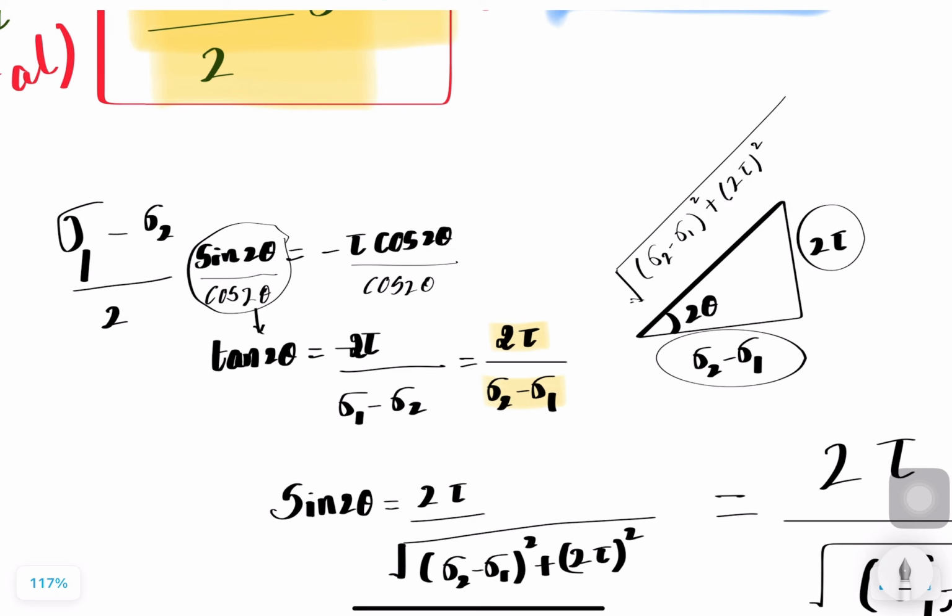Since we know the hypotenuse side, it enables us to define what is sine 2 theta and what is cos 2 theta. Why does that matter?